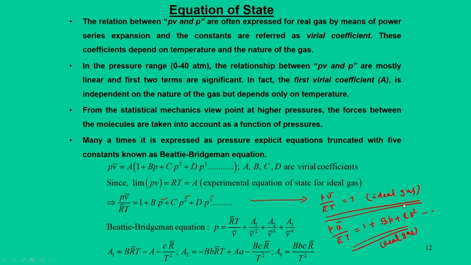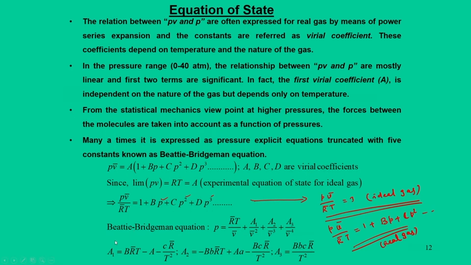So, this was the time when the state equations were defined through this concept of virial coefficients. If you look at this equation, the parameter PV bar by R bar T was considered as a function of pressure.